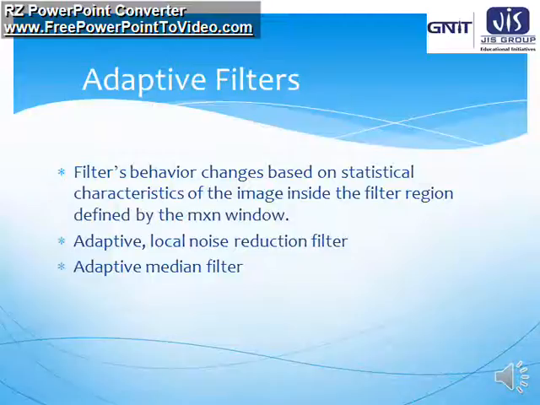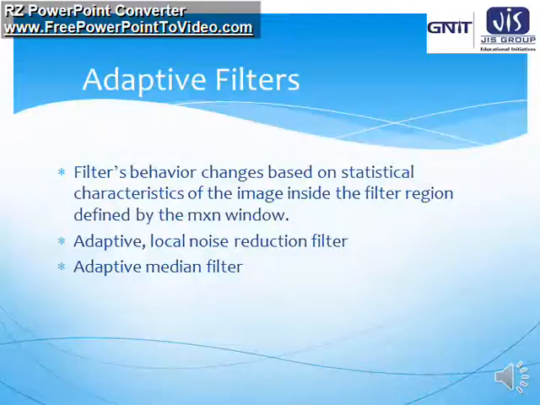Now, adaptive filters. These types of filters are very interesting because the term is adaptive. So these filters can adjust themselves according to the requirement. So the behavior of the filters is changeable. We have to mention some points. The first one is that the filter's behavior changes based on statistical characteristics of the image inside the filter region defined by the m cross n window.